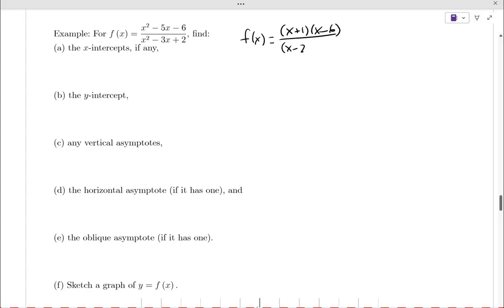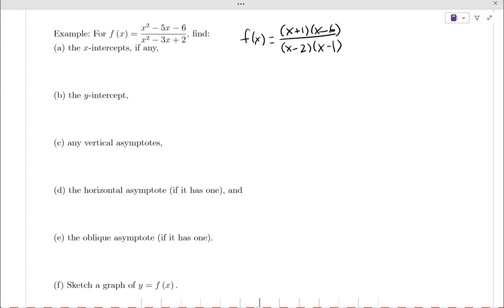Okay, good. Is anything canceling? No. So there's not going to be any of those holes that we talked about. There aren't any holes. We only get holes if we can cancel a common factor on top and bottom.